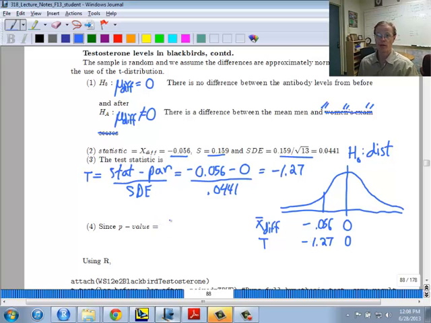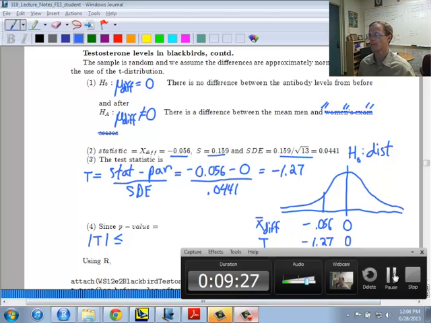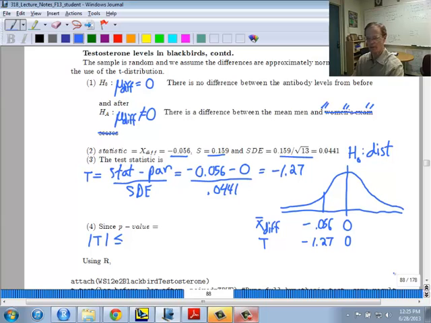Now, we don't have a specific p-value, so what we tended to do was use absolute value of the t-stat, and we compare less than or equal to, sorry about that.